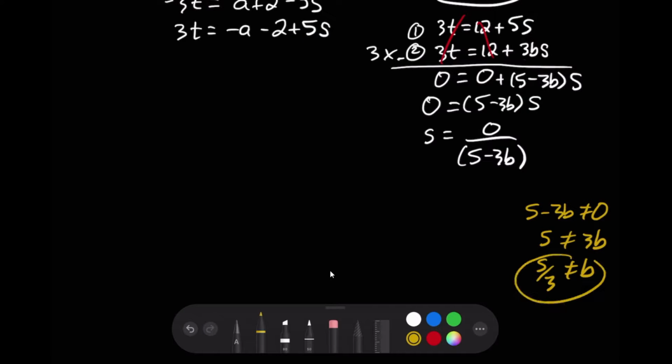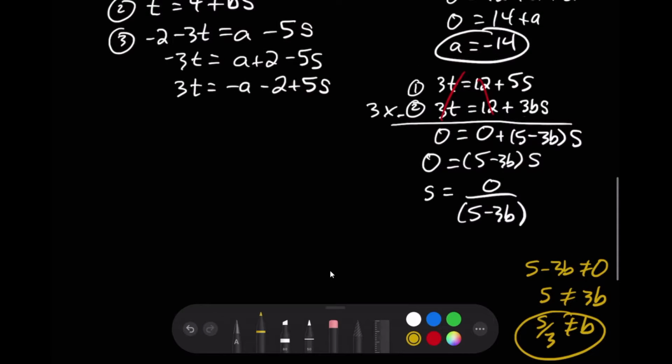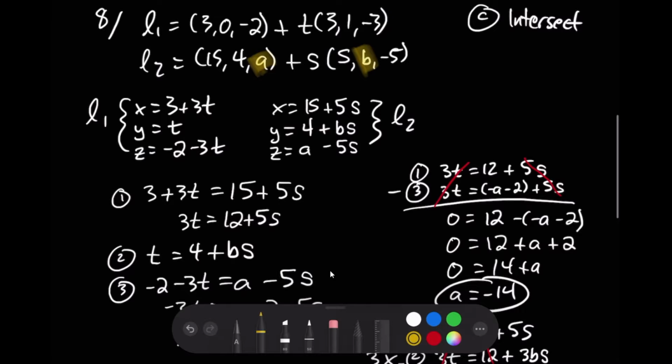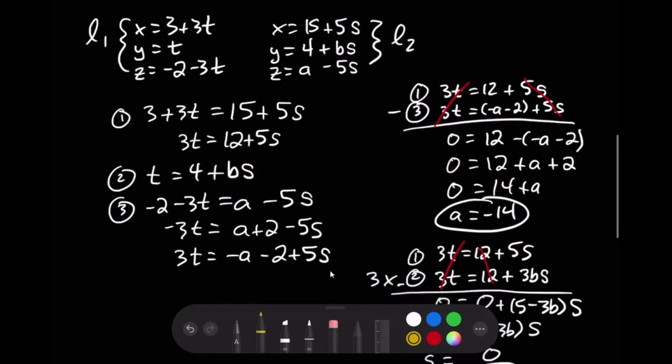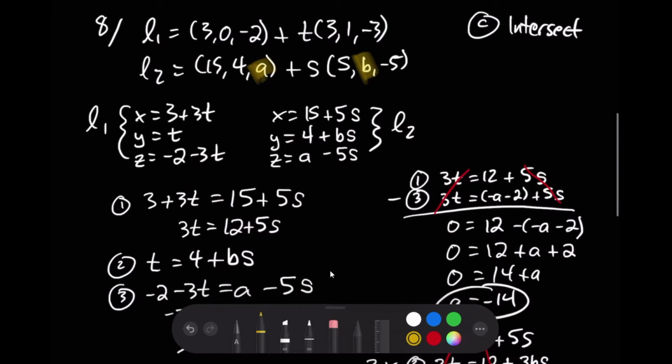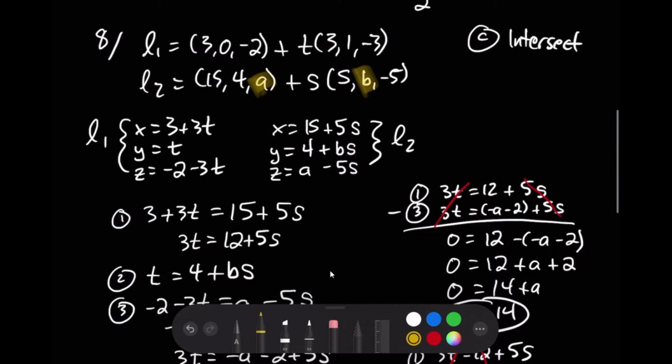So basically b can be any value except for 5 over 3. I know my b value and I know my a value. Ultimately, what did the question ask us to do? It said, find the values of a and b that make the lines intersecting. So we've actually done that.